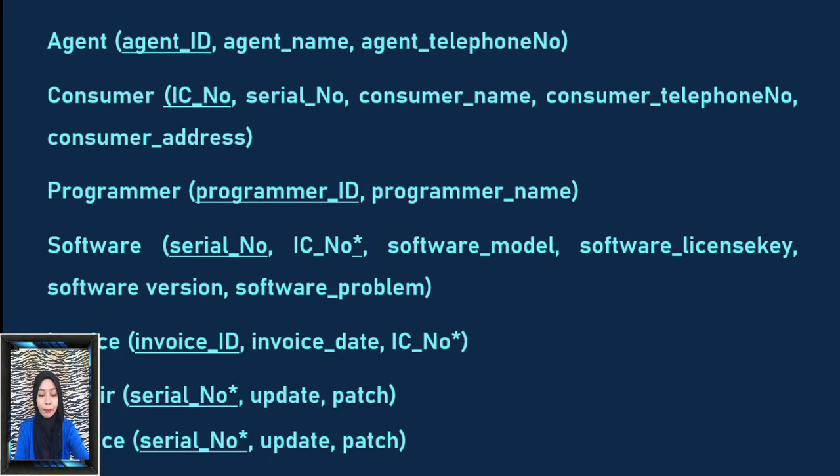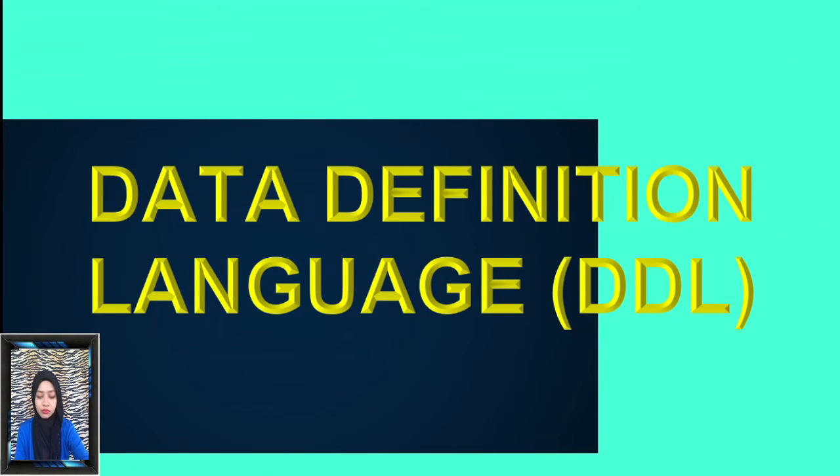Software has a primary key, serial number, and also has a PK, FK, foreign key from table consumer, IC number. While invoice has a primary key, invoice ID, and also has a foreign key, IC number from consumer. Repair and service have the same primary and foreign key, which is serial number.